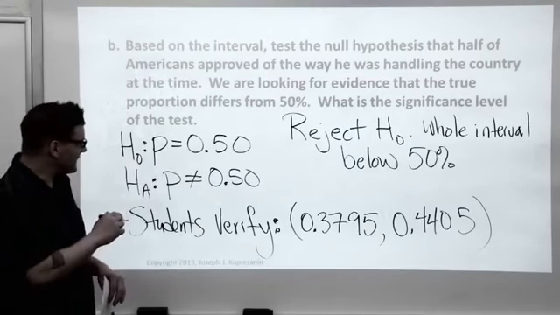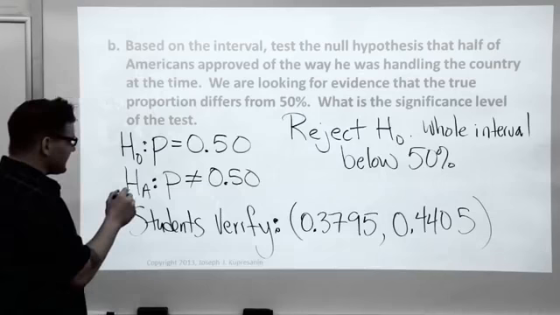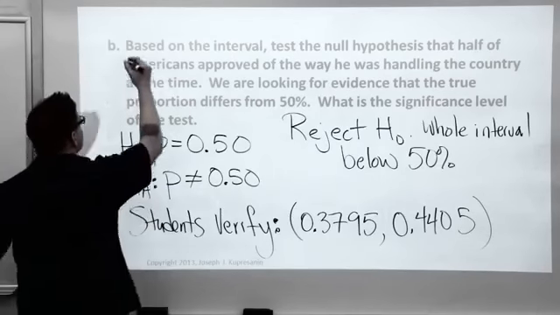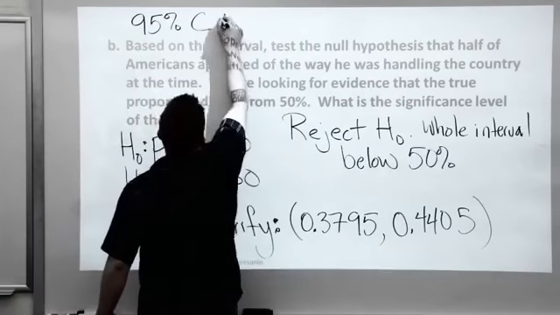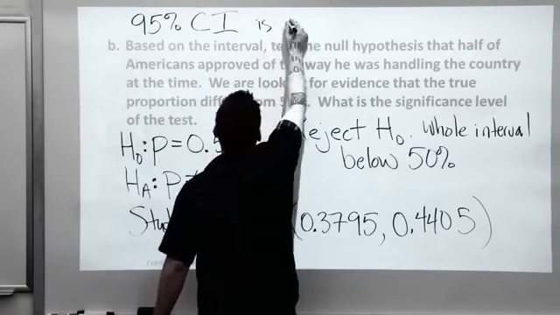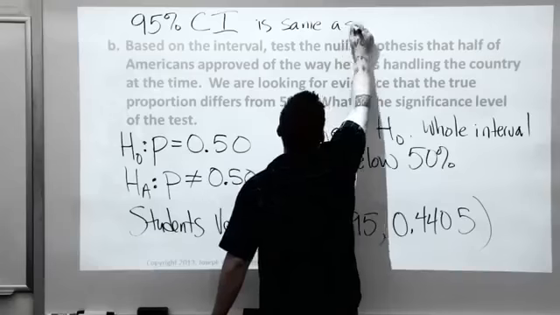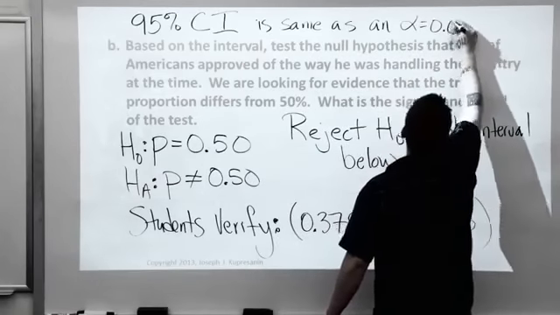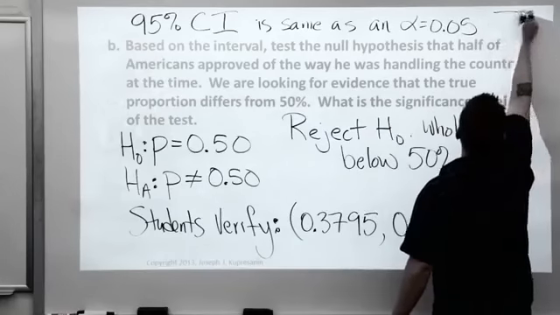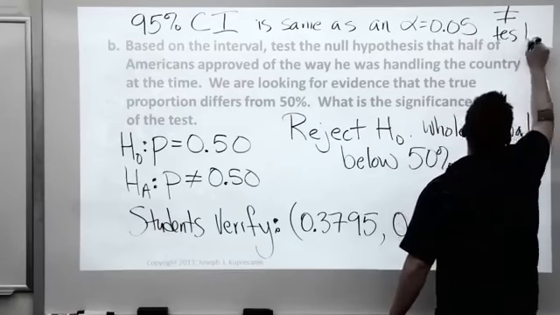Okay? Now, the last piece of this, what is the significance level of the test? A 95% confidence interval, CI, is the same as an alpha 0.05 not equals to test.